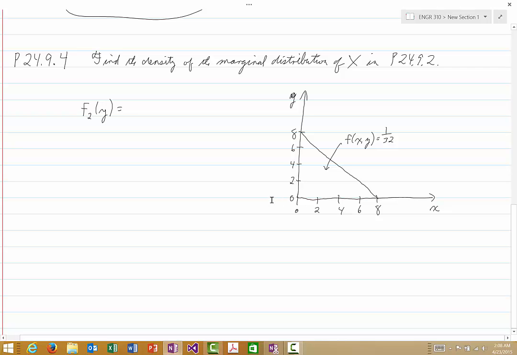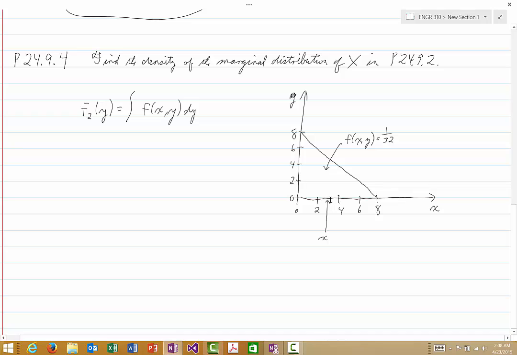But if we choose an x between 0 and 8, then to find the marginal distribution, we will choose that x and then let y vary over all possible values. And so what we get here is the integral of f of xy, and as I said, we're letting y vary, so dy. Let's say that this is the x that we've chosen, some arbitrary x here.